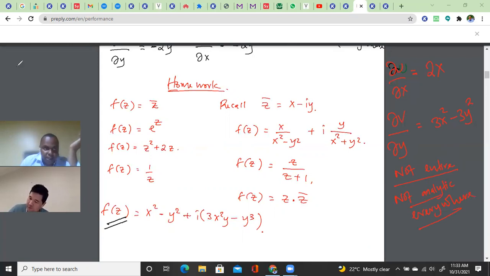Meaning, if this is the region that we are talking about, it's not going to be analytic at every point inside that region. That is what we conclude. But it could be analytic at two, three, or some few points in there.